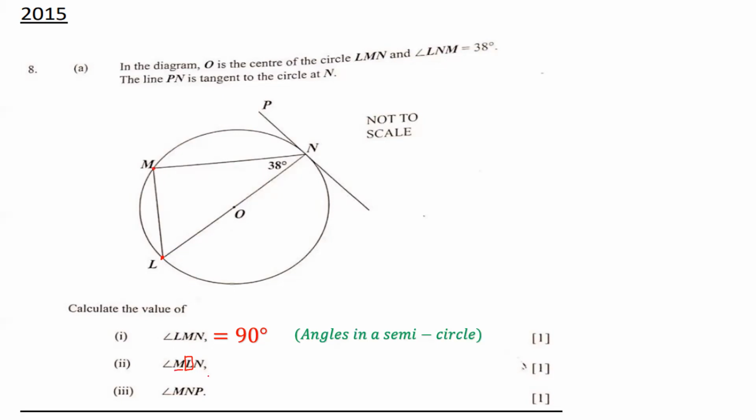And we're going to look at N. N is going to be right there. And so what do we have? Let's complete the shape. We're going to go from M to N.